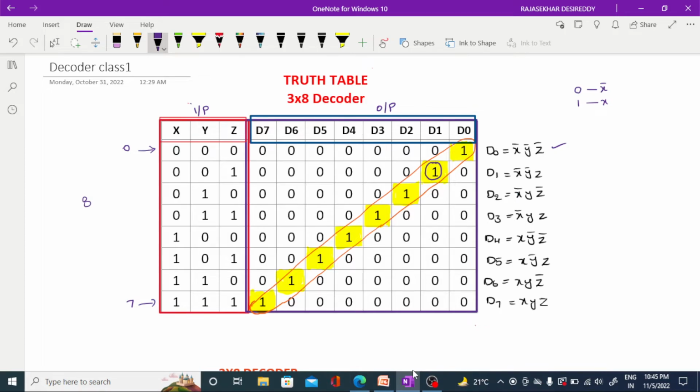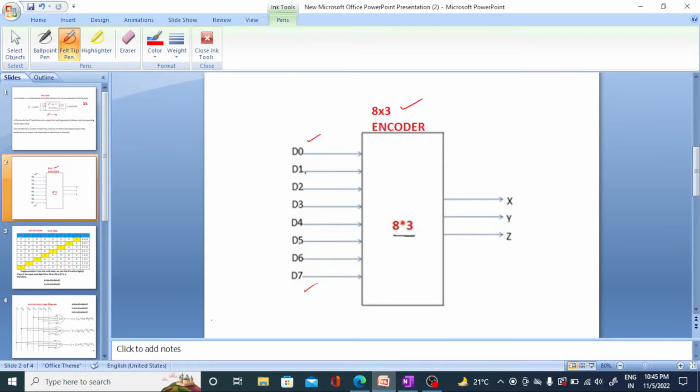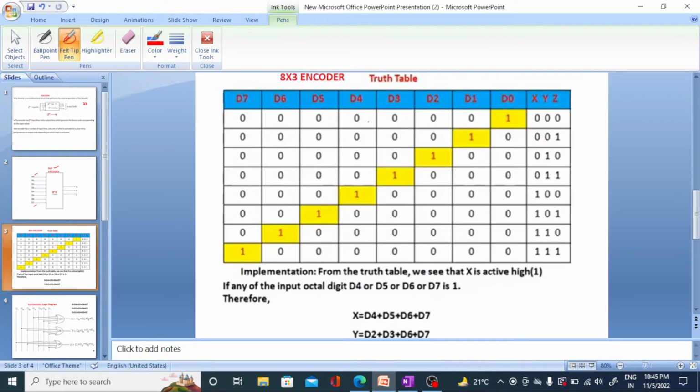So triple one, for example, let us consider this one. Triple one is the input combination, only D7 is activated. For that, what is the output? X Y Z, that's it. It is very simple. Now you can observe this one also, like encoder.